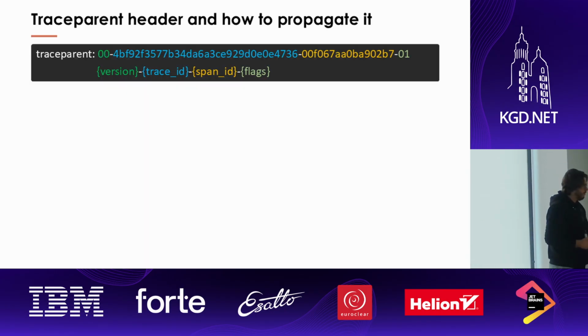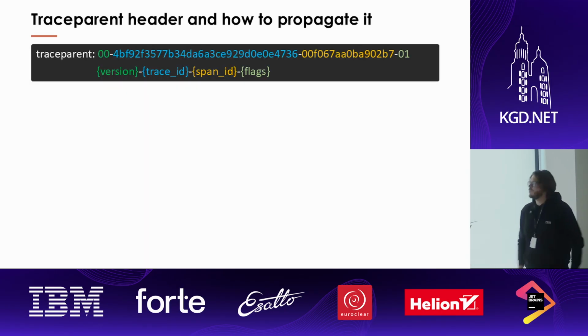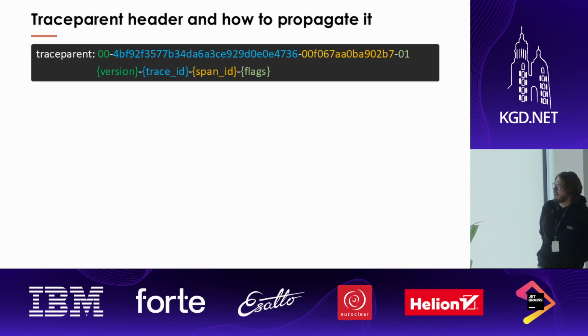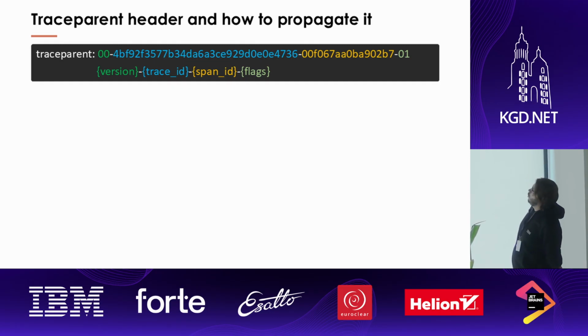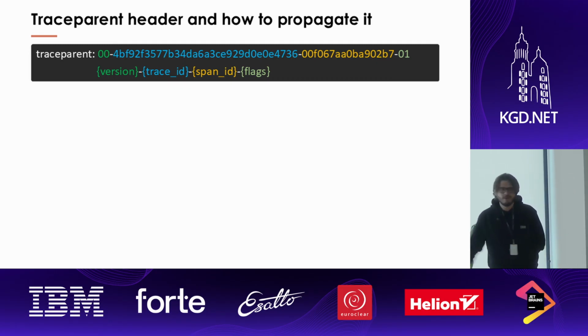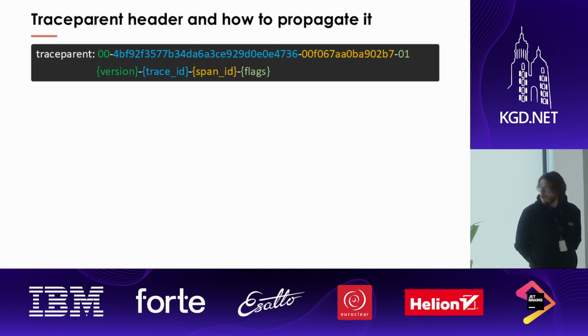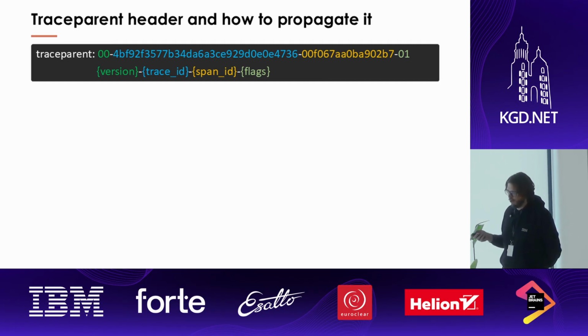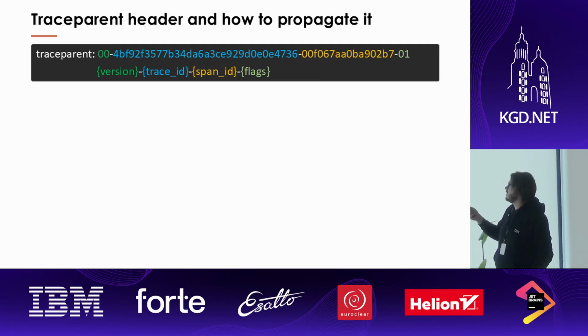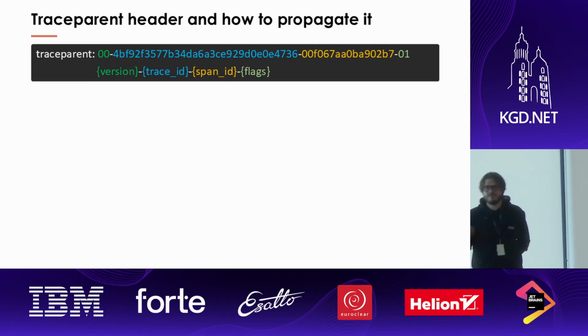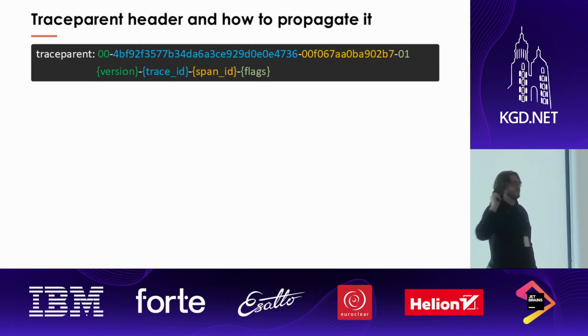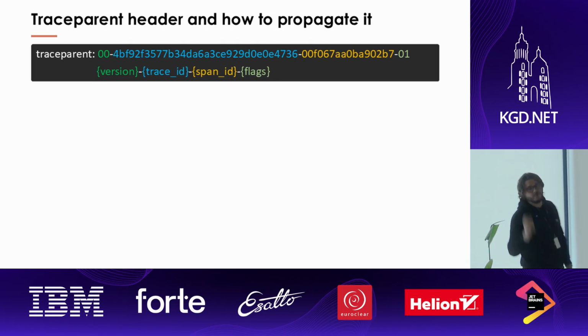Actually, for that, we have a special thing, which is called trace parent. Trace parent is like, I don't know, a structure, let it be a structure, which consists of version, actually it's only zeros here, trace ID, span ID, and some flags. They added these flags as a bit mask for future things, but for now you can just write here whether it was sampled or not.